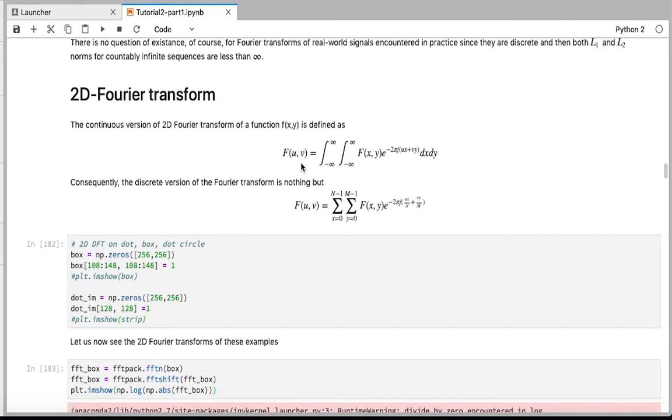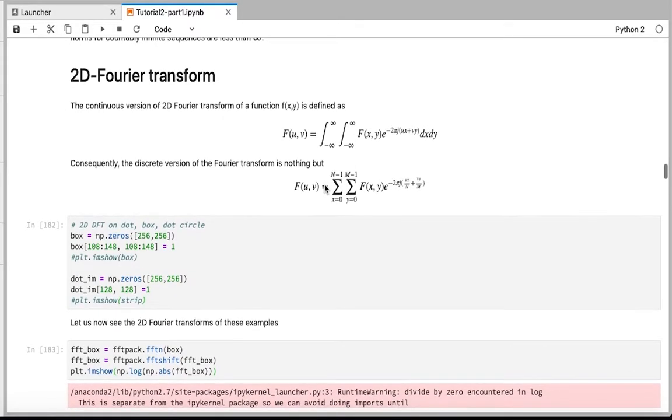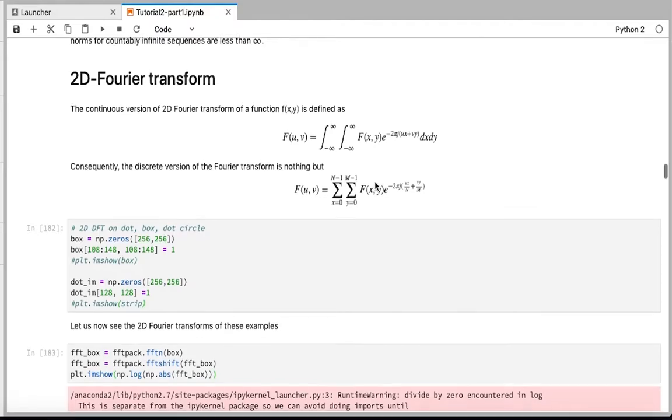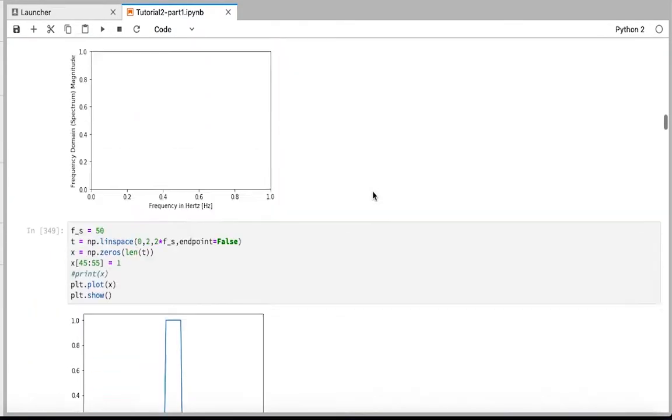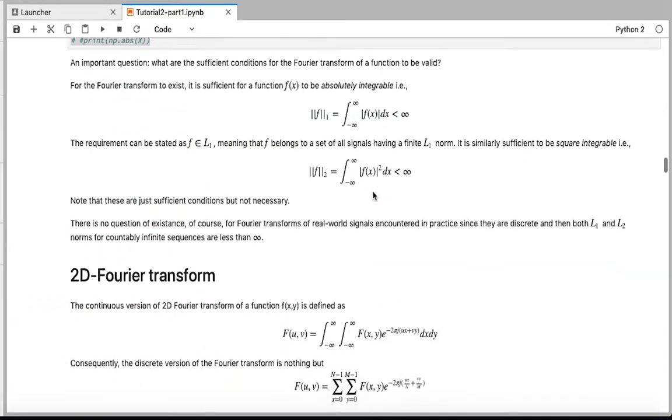So v corresponds to y, so it's the spatial frequency along y. For this you can define the discrete version of the Fourier transform as a double summation from 0 to n minus 1, exactly the same as how we defined it in the discrete case, except you have two summations. That's it.